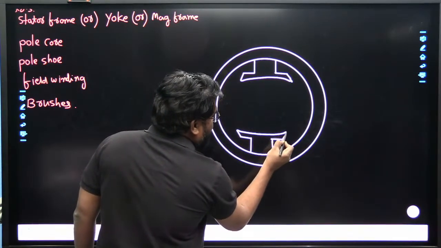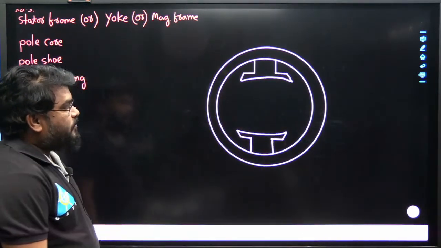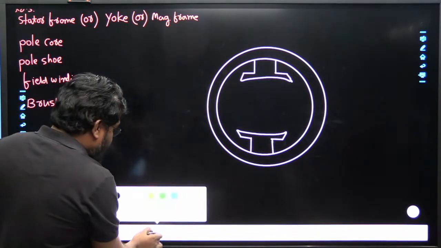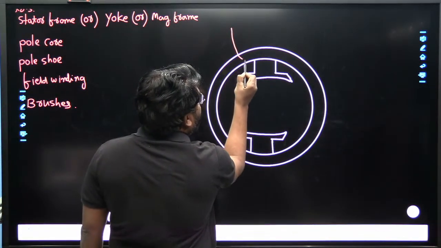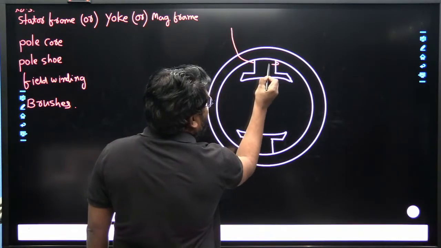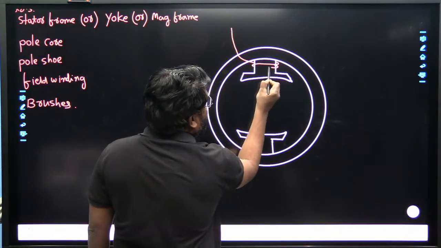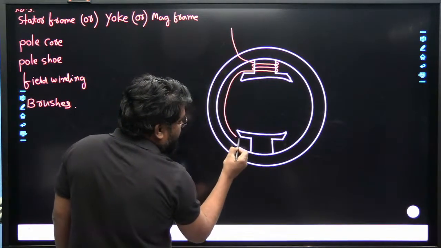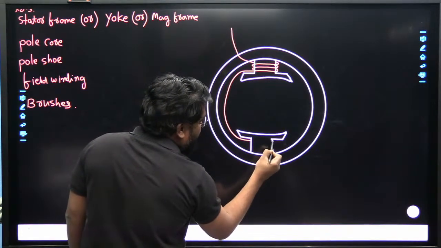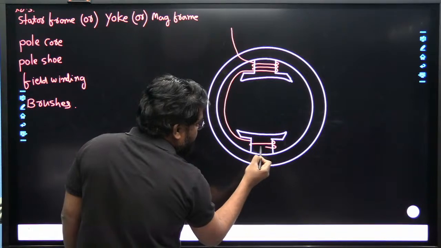So now where is the field winding? Suppose it is one terminal of the field winding. The field winding is placed on this line. This is the field winding of the DC machine.